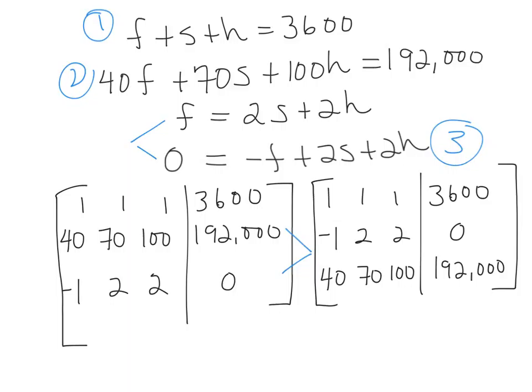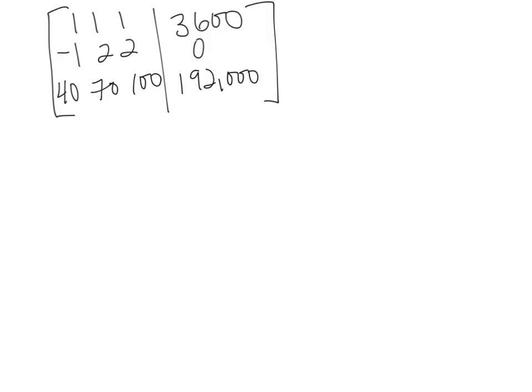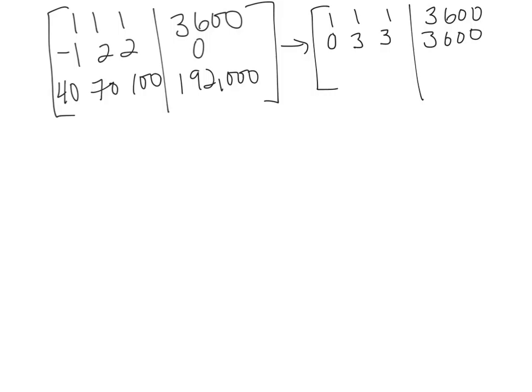The next thing that I'm going to do is combine row 1 and row 2. So when I do that, row 1 is going to stay put. When I add row 1 and row 2, I'm going to end up with a 0, a 3, a 3, and a 3,600. And I've not done anything to row 3, so we're just going to recopy that one completely back down into row 3.